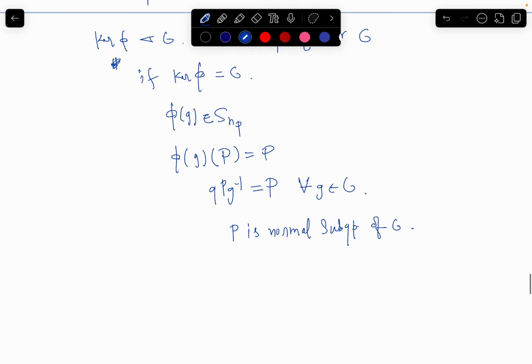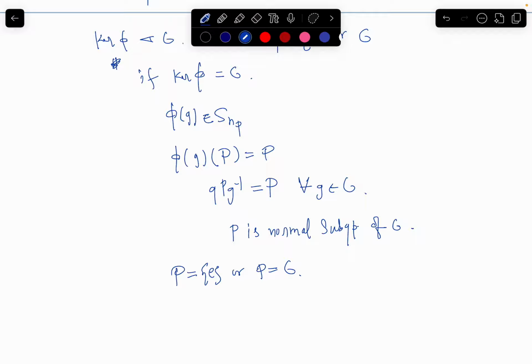Again, as G is simple, P has to be either E or the whole of G. But P being identity is not possible because the Sylow subgroup has order some P power something.